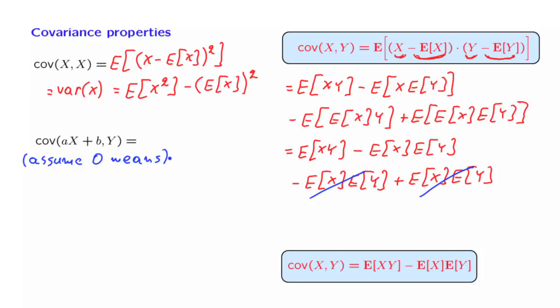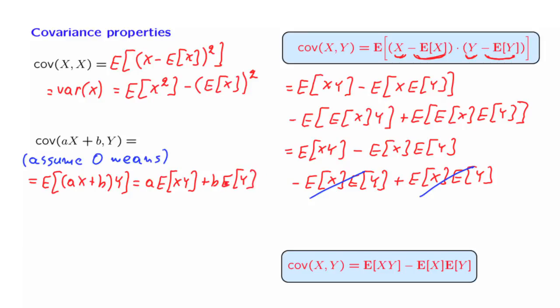So in the case of zero means, the covariance of two random variables is just the same as the expected value of the product of the two random variables. And using linearity, this is a times the expected value of x times y plus b times the expected value of y.